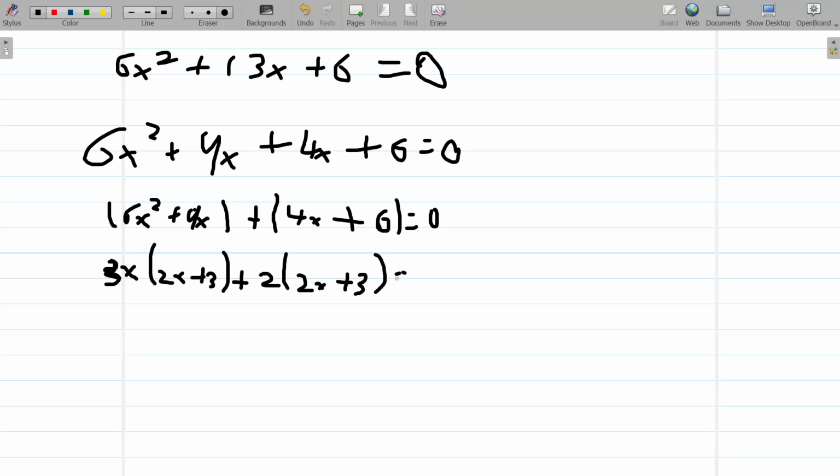And shock, we've got the same thing in both the brackets. So that can go in one of the brackets as 2x plus 3. And the other one would be everything outside of it, so 3x plus 2.